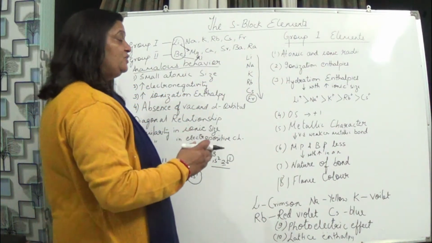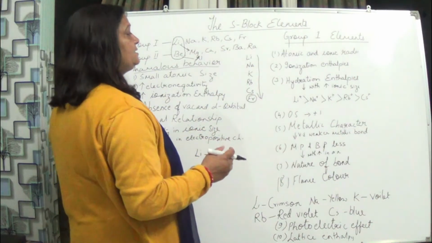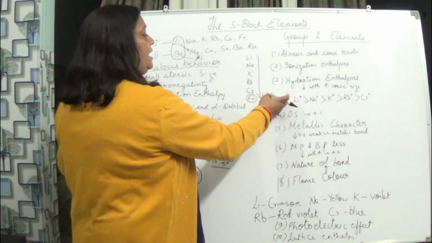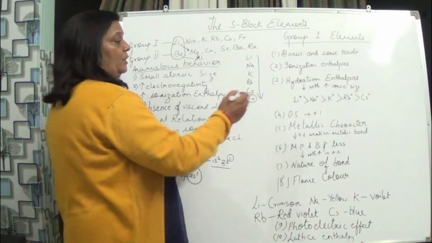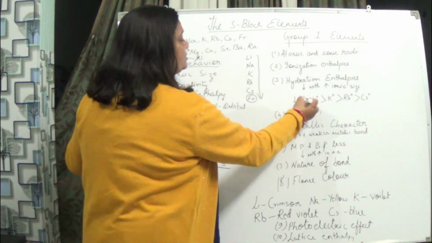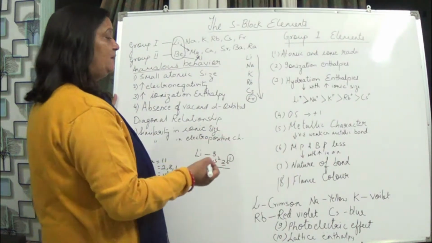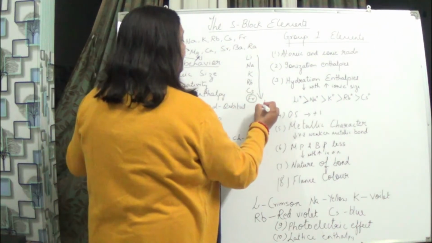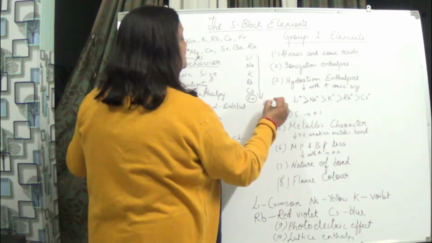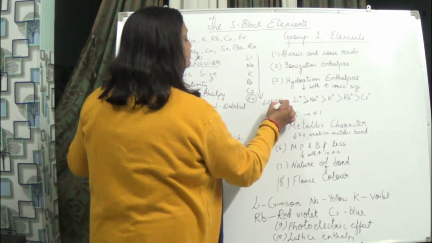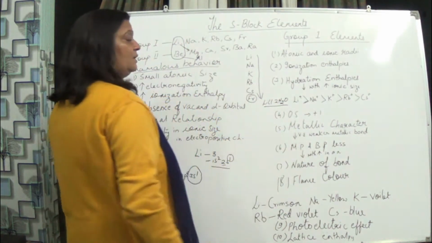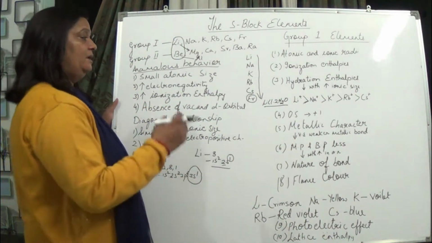So naturally the lithium ion has the highest hydration enthalpy and cesium the least. Lithium can form very easily LiCl.2H2O, very easily combining with water.